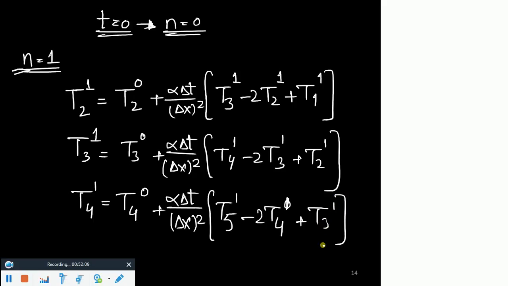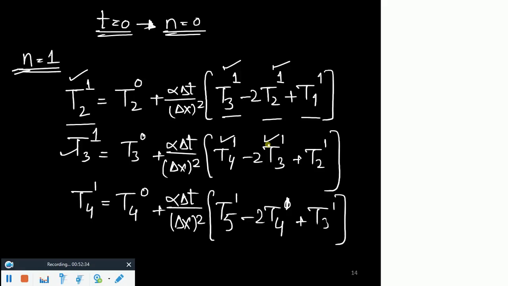Now you see, all the unknowns are at time level 1, and each equation has more than one unknown. Now just tell me, how many unknowns are there? Just 1, 2, and this is the same unknown. So 2 unknowns are there. 1, 2 and the same unknown.